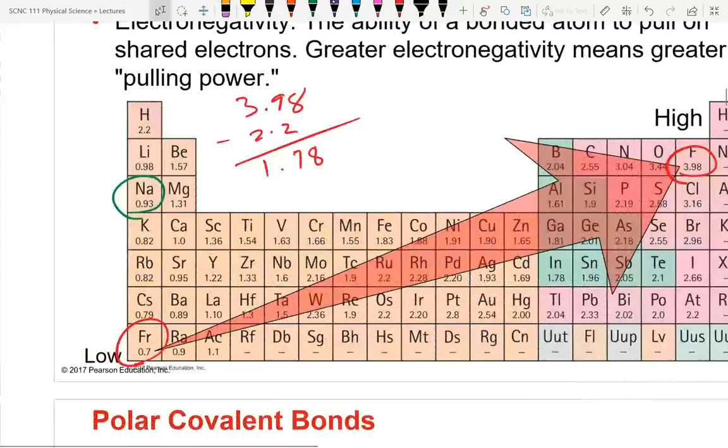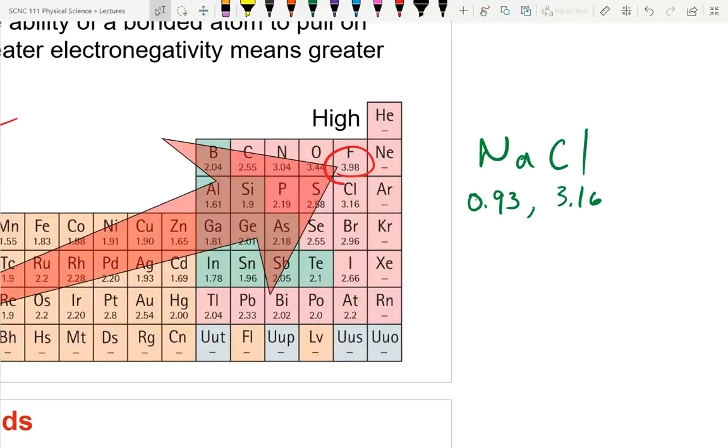Those are the electronegativities. Will that be covalent, polar covalent, or ionic?